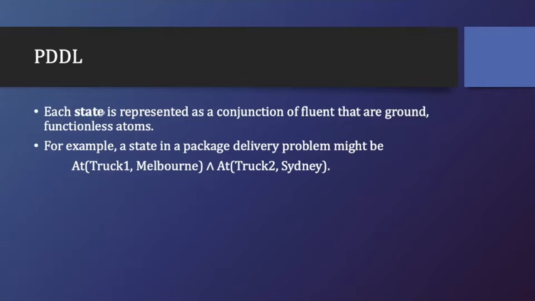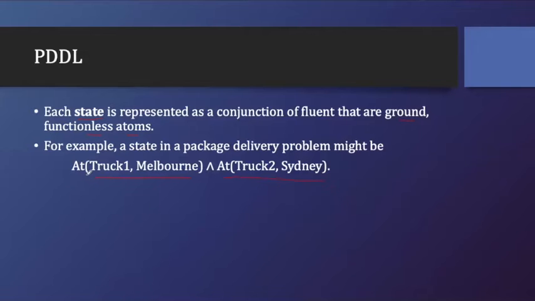So every state that we are going to represent in PDDL will be represented with the help of ground functionless atoms. It means that we have some sort of representation like this. Here we have different variables or different constants, and based on that we are going to represent one state. So here one state is defined. You can see it here with the help of an example.